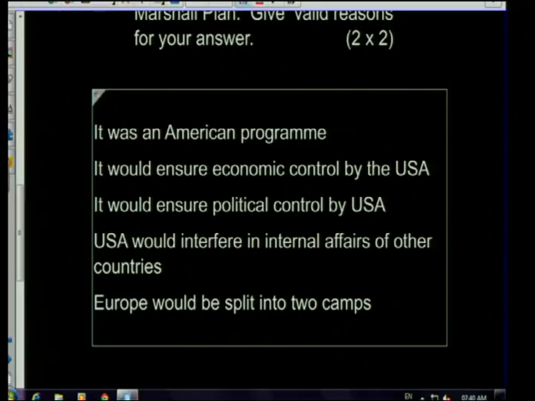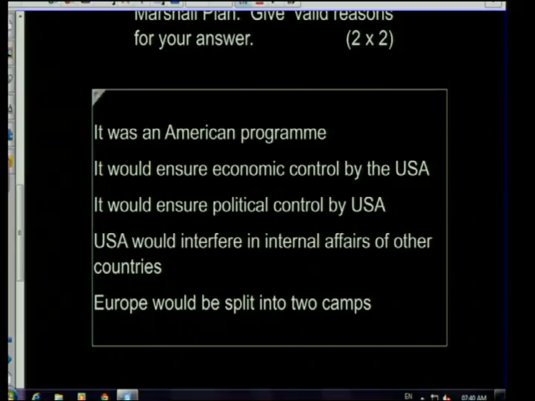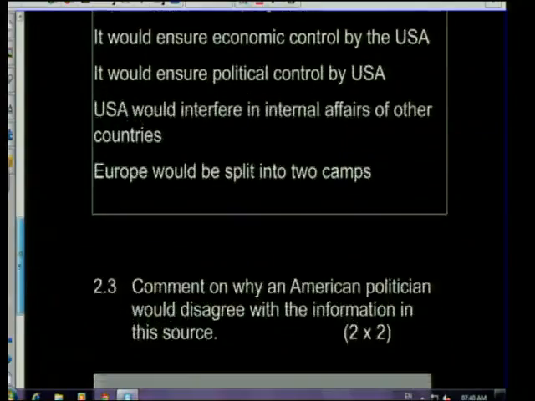Remember, when we read the source, we did look at that, and we said the Russians viewed the Marshall Aid or the Marshall Plan as America's way of controlling the other countries, both economically and politically. So it goes on to say it would ensure political control by the United States, and the United States would interfere in internal affairs of other countries. Remember, I told you earlier on that they thought that these countries receiving Marshall Aid were going to lose their independence, and that Europe would be split into two camps.